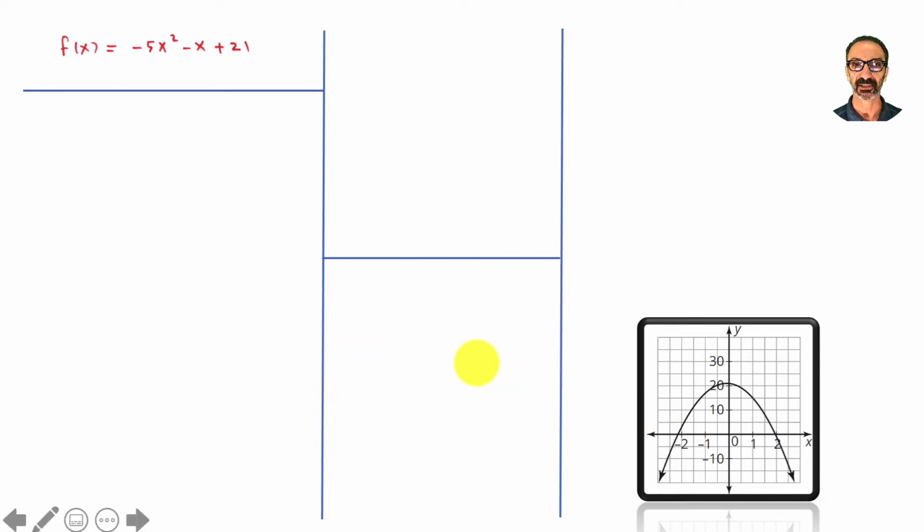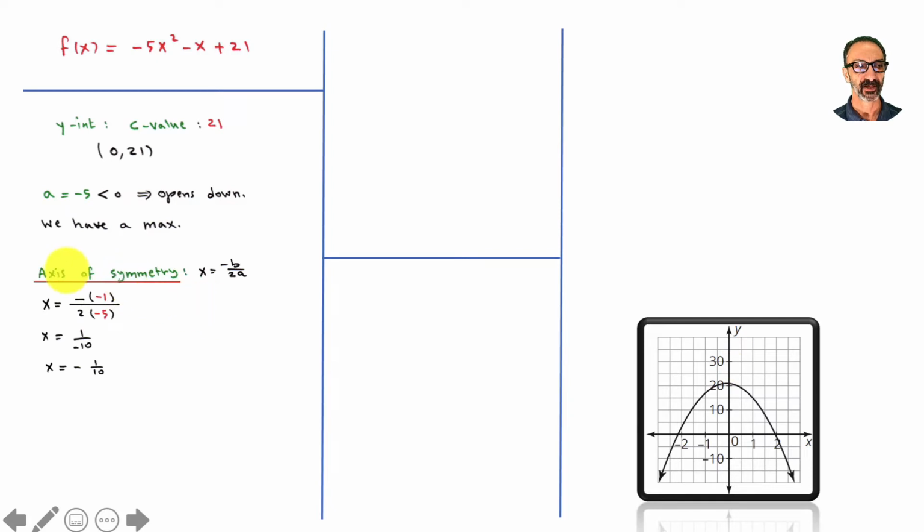Okay, let's see the details. First of all, the C value, which is 21, that's the y-intercept, (0, 21). A is negative, so the graph opens down, and we have a maximum. The axis of symmetry will be x equals minus b over 2a, and we have to be careful with reading a and b and c.